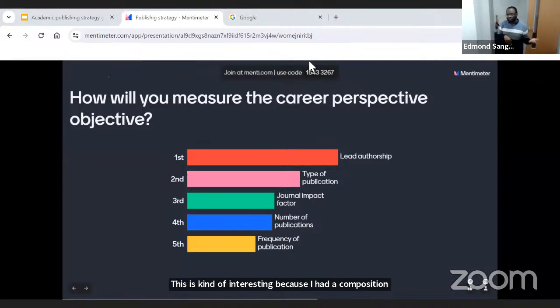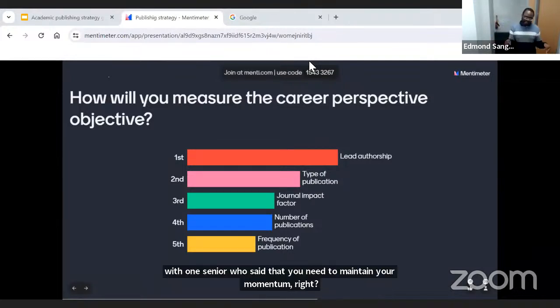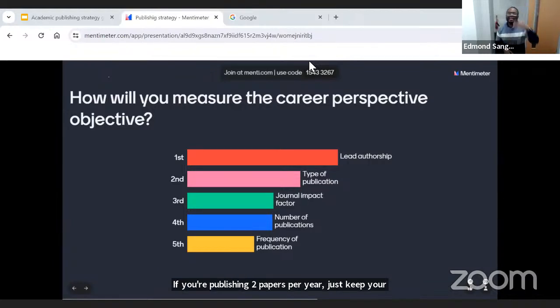If you're publishing 2 papers per year, just keep it at that. When you publish 8 papers in 1 year, then go back to 2, it appears like you are failing in your planning. You need to maintain your frequency at a particular rate so that you can demonstrate that you are growing and at the same time not falling back.